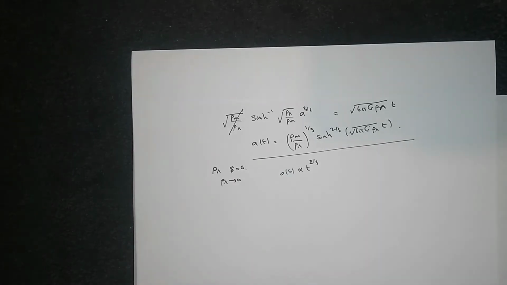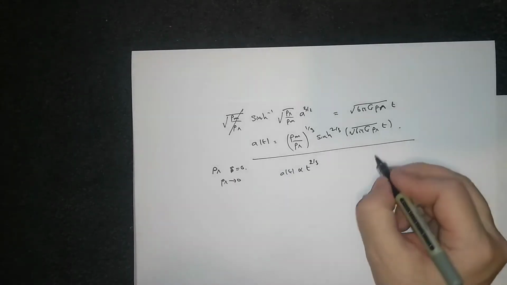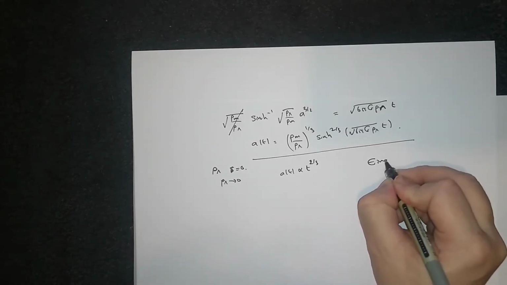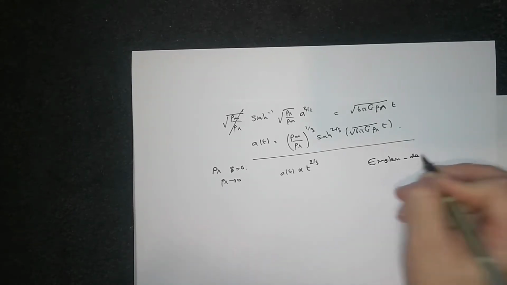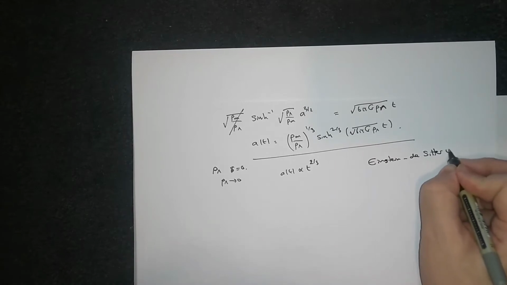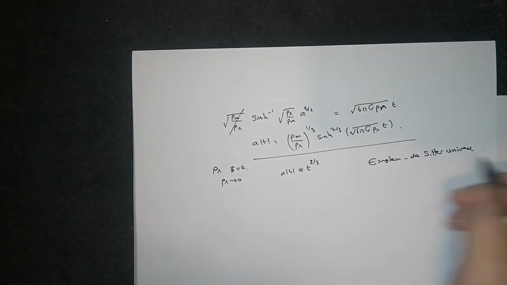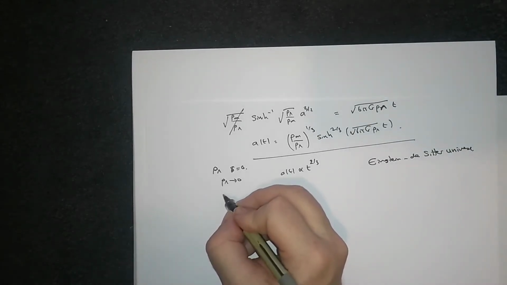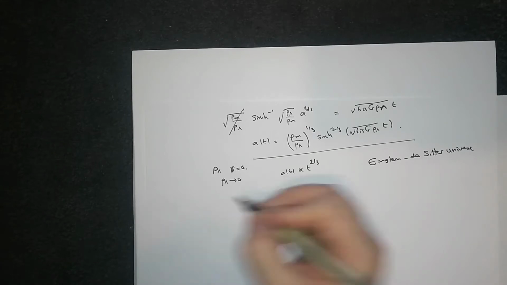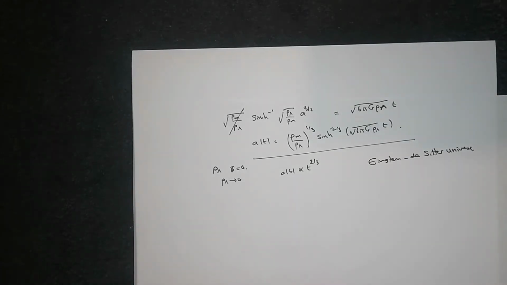We're only interested in the time dependence, not the particular scaling. That's known as the Einstein-de Sitter universe. And that's also what we get at small times, something resembling the Einstein-de Sitter universe.